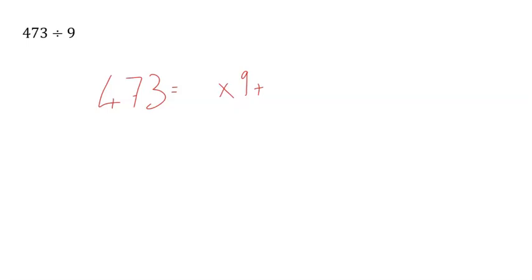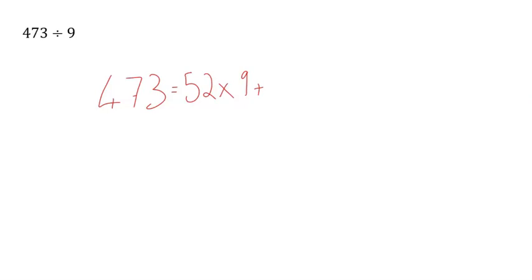So what number can I multiply 9 by to get just below 473? Well, if I do 9 times 52, what I'll get is 468. That's below 473. If I were to do 9 times 53, I'd end up at 477. So that's above the 473. So I know then that I'm going to be doing 52 times the 9.